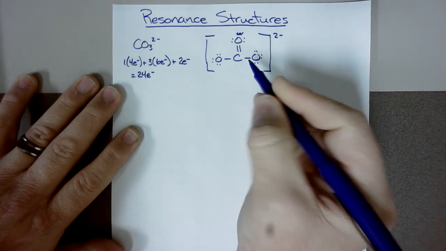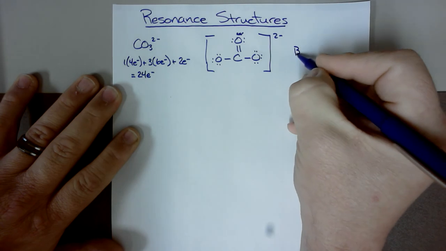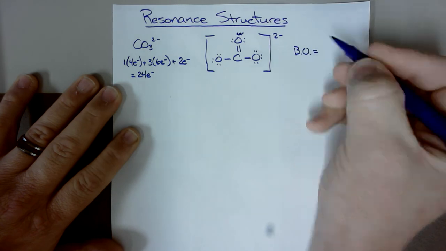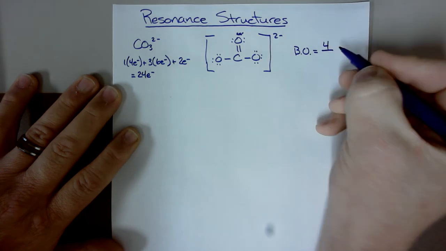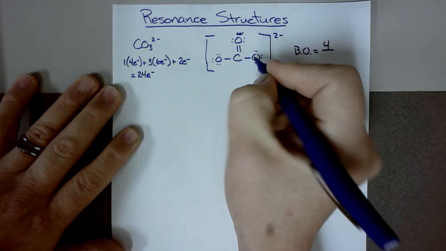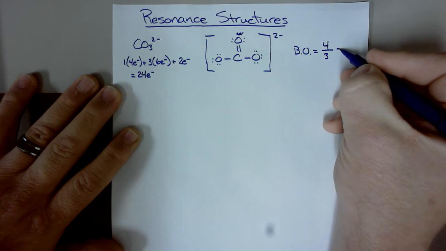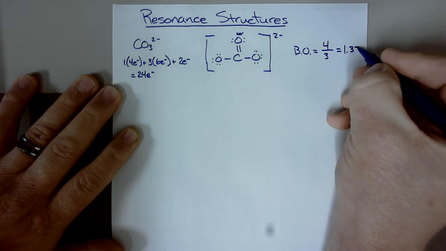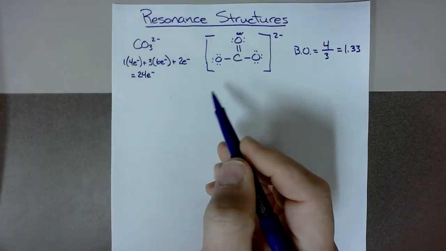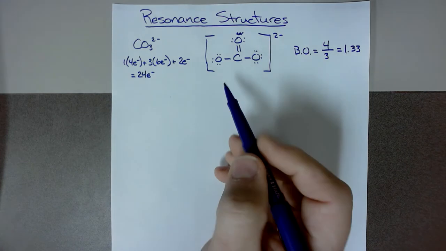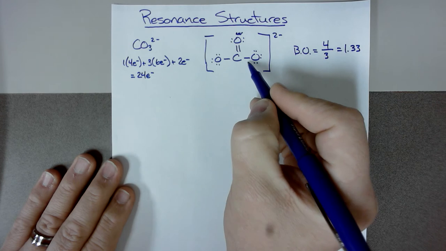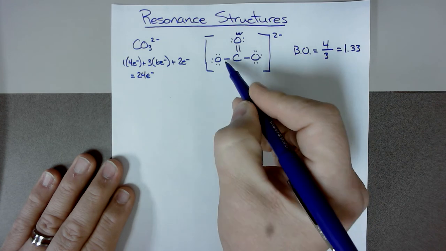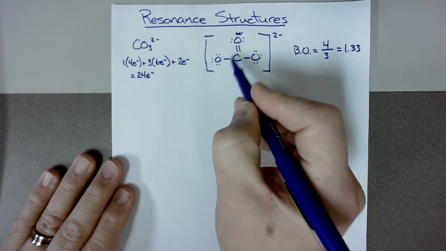And if I look at this, this has a bond order equal to 1, 2, 3, 4 bonds divided by 1, 2, 3 bond domains. So that has a bond order of 1.33. Because these electrons could have been shared from this oxygen or from this oxygen, this could have a double bond, single, single, or single, double, single.